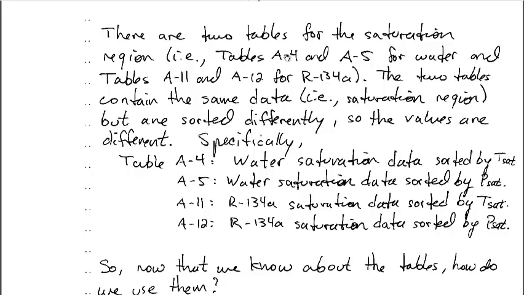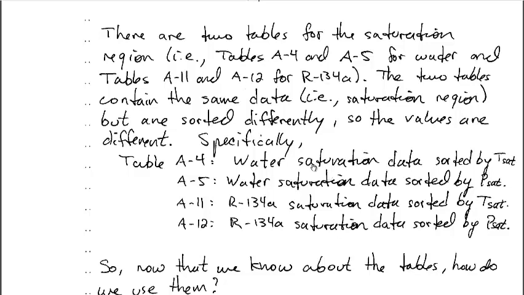Table A4 is sorted by the saturation temperature of the substance, whereas table A5 is sorted by the saturation pressure of the substance. And likewise, table A11 is sorted by saturation temperature for R134A, and table A12 is sorted by saturation pressure for R134A.